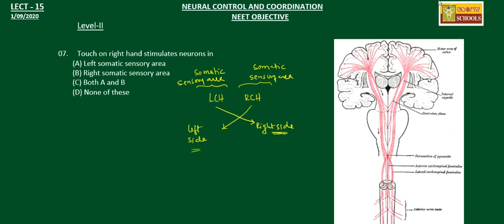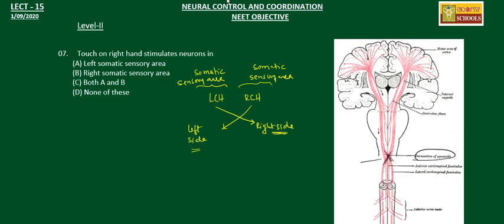Now this is because of decussation of those nerve fibers. It's called the decussation of pyramids. You can see the crossing of those nerve fibers from left to right and right to left.